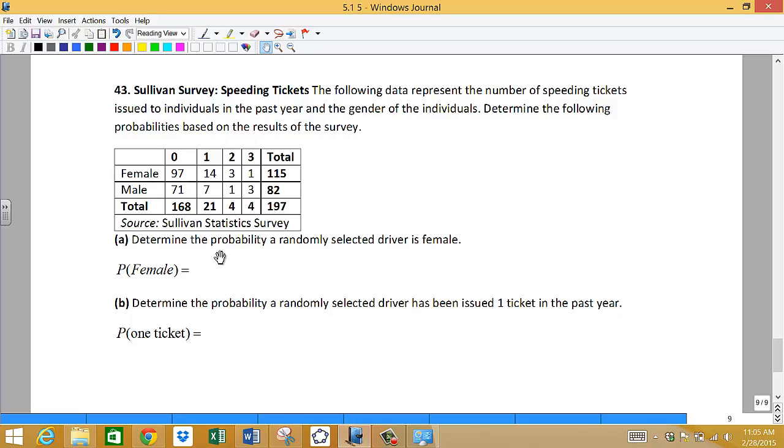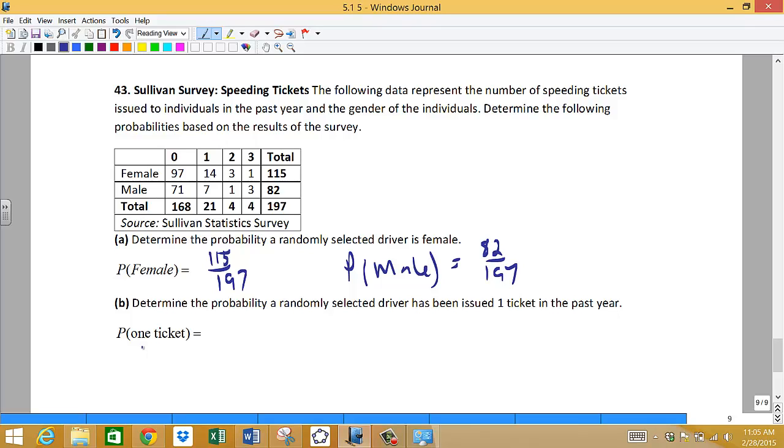Well, the probability of a female is just going to be the number of females, right? Which is 115 divided by 197. Okay, probability of a male is going to be 82 over 197.